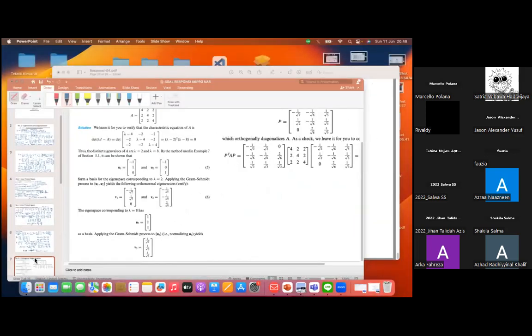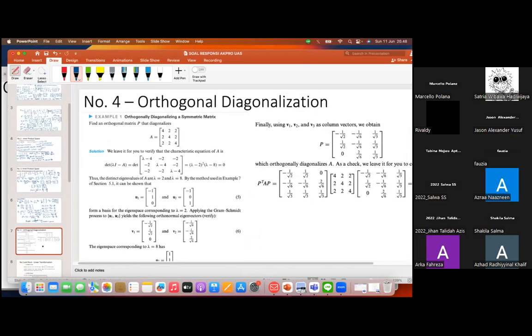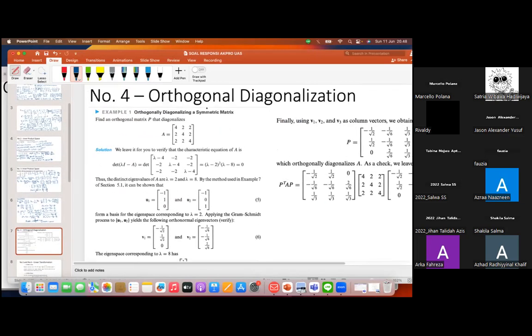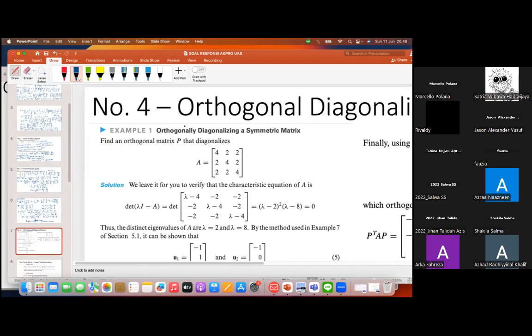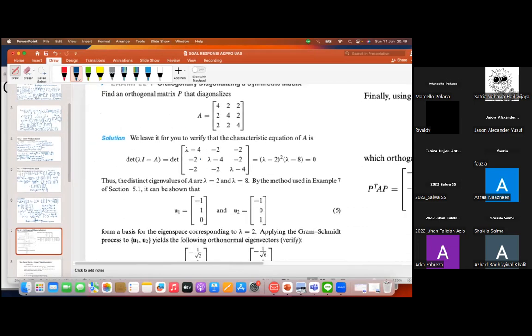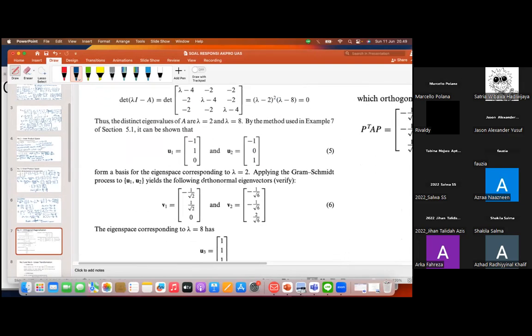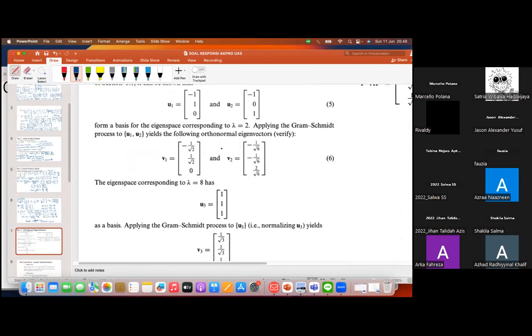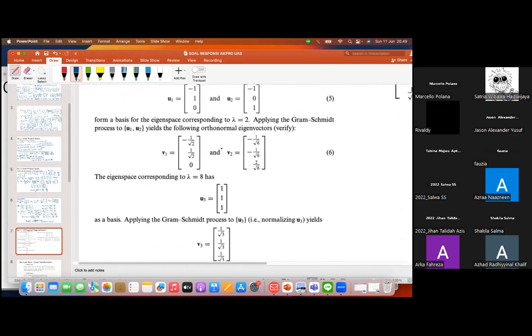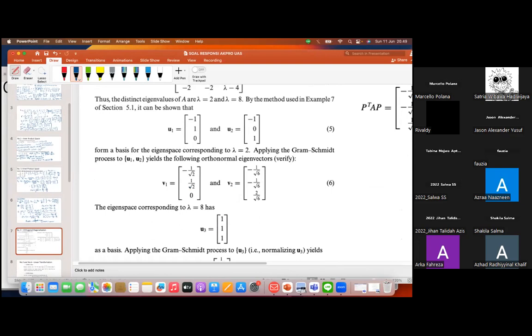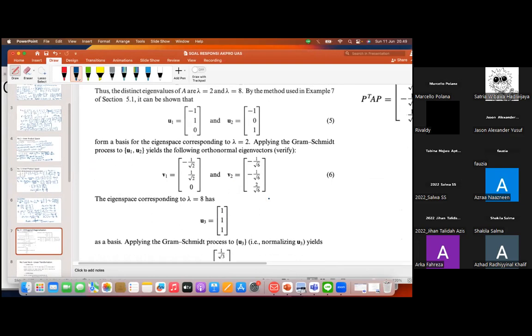So for this one, just for simplicity, I took an example from the textbook where first you find, in this part, the eigenvalues and the eigenvectors, which are U1, U2, and U3. And then you perform the Gram-Schmidt process on these three.